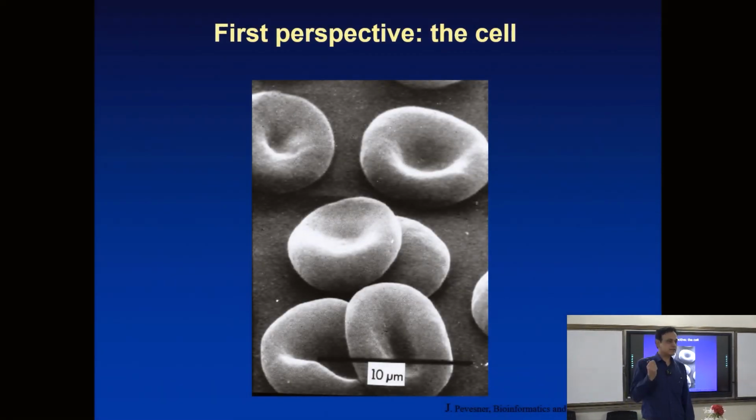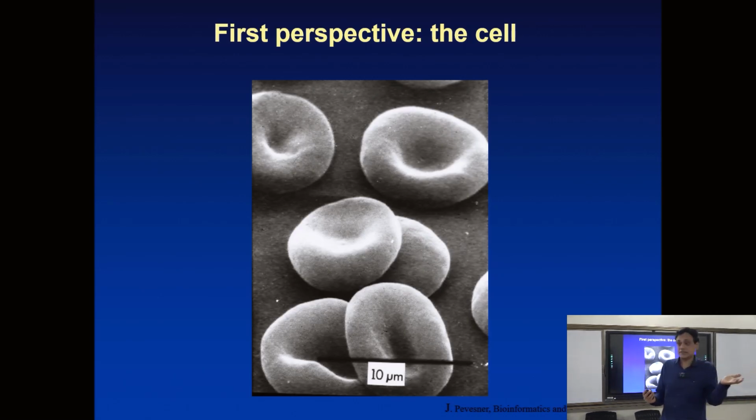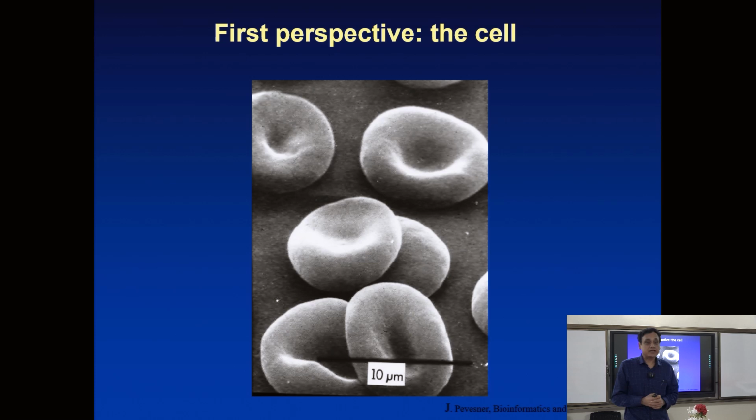So, what is a cell? Try. What is a cell? You might have heard about a cell. So, in biology, what is a cell? Okay, somebody said unit of life. So, fundamental unit of life. An organism can just have a single cell and be an organism, right?